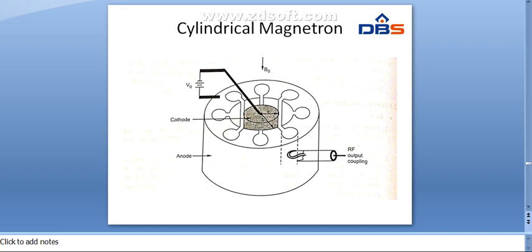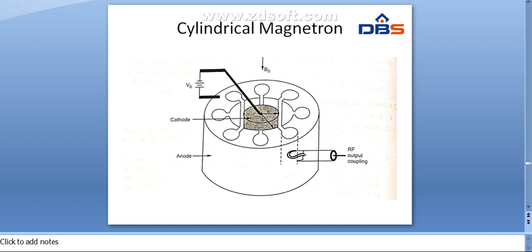Next, see the cylindrical magnetron. Before this, the magnetron provides microwave oscillation of very high power. The magnetron was invented by Hull in 1921. Magnetron is a self-contained microwave oscillator.